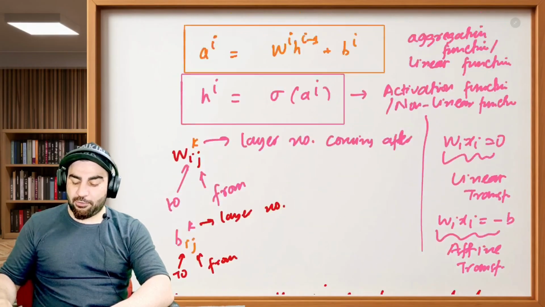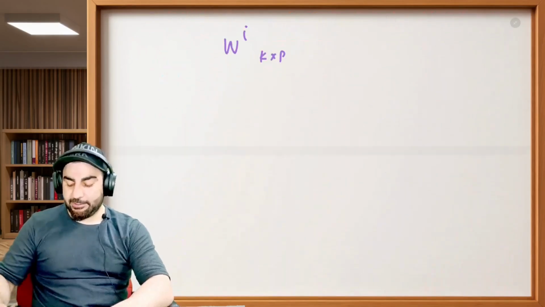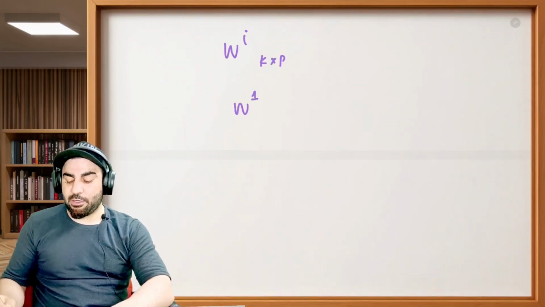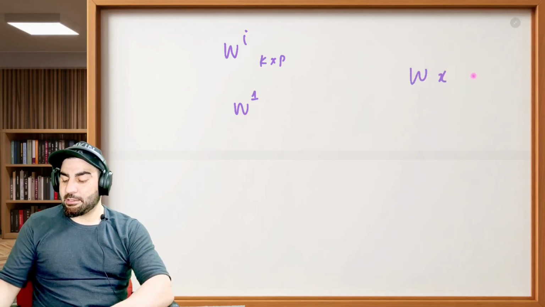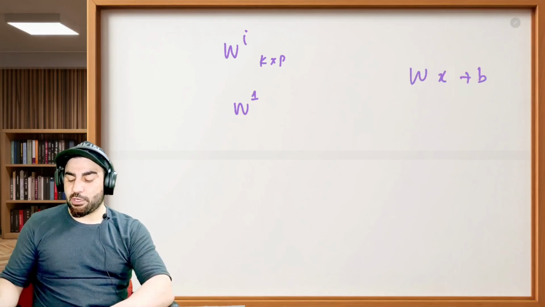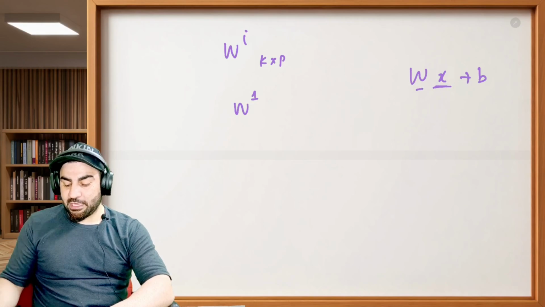All the time, you should be very careful. If you have wi, let's suppose w1, because you do wx plus b, the dimensions should match. Let's suppose the input is n dimensional; the input is usually n cross 1.